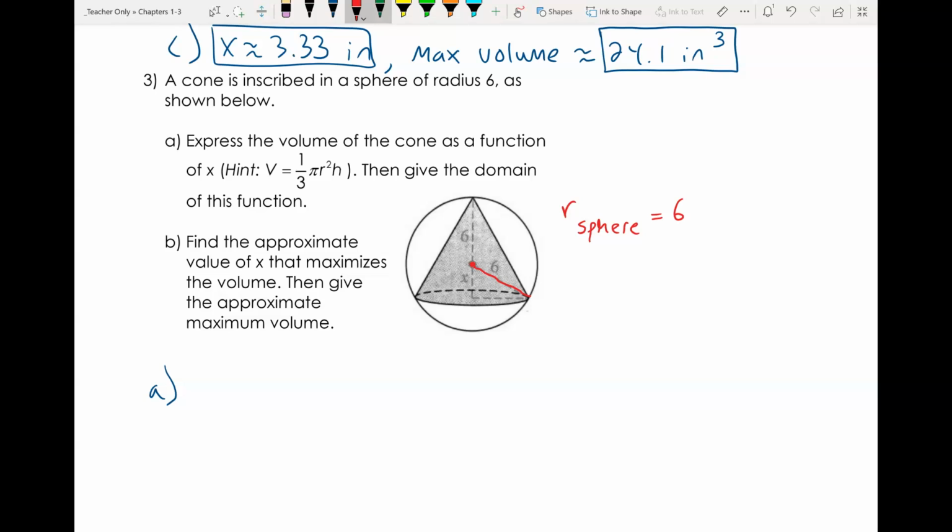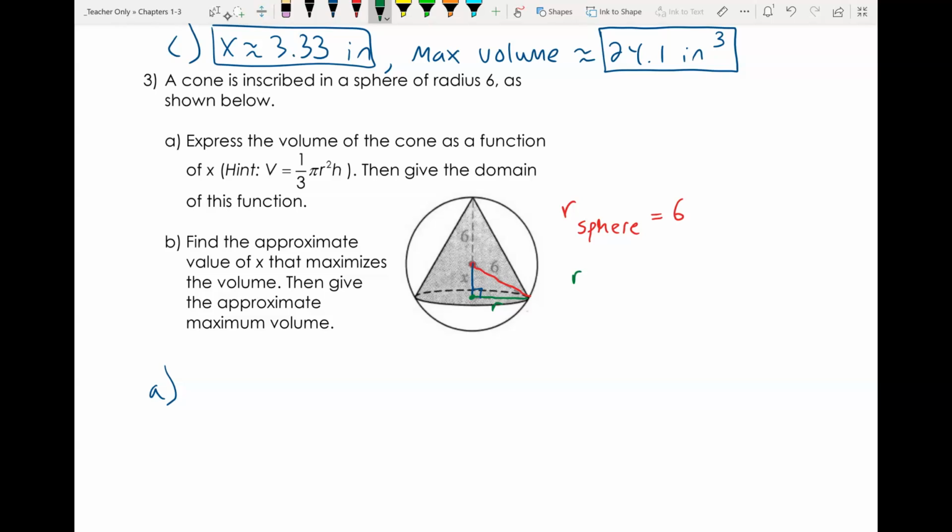We do not currently know the radius of the cone. The radius of the cone would be this green segment right here. We don't know that. I'm just going to call that r. But if I complete this very colorful triangle at the bottom, notice this is a right triangle. The height of a cone is going to be perpendicular to its radius. We have a right triangle, and I can use the Pythagorean theorem to get the radius of the cone, r, in terms of x.